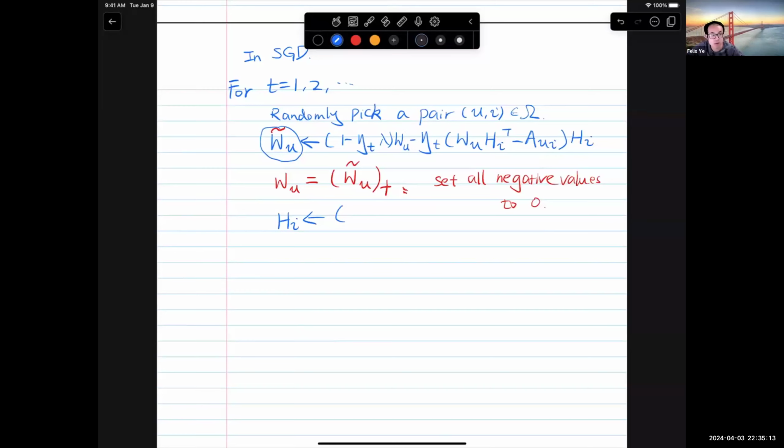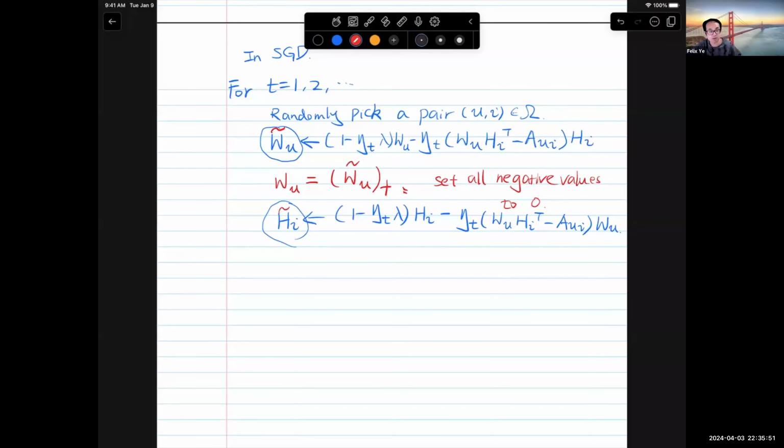Right, so this is 1 minus eta t lambda of H_i, subtract eta t W^T U, H_i transpose minus A_i U. So this is basically the second step, and here obviously this goes outside of the constraint.